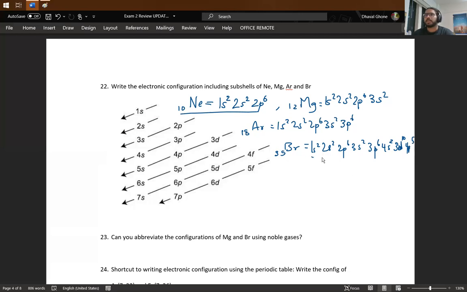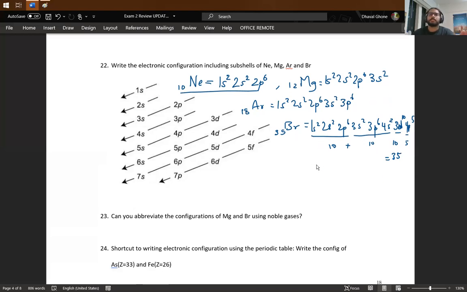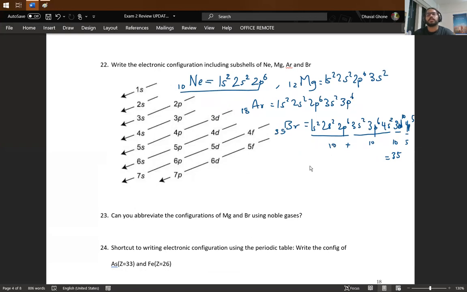Okay, let's count. These are 10 electrons. These give you 10 electrons, so 10 plus 10 gives you 20 electrons. 10 more gives you 30 and 35. Okay, I placed all electrons in the right order. That's your configuration. Can you abbreviate the configurations of magnesium and bromine using noble gases?